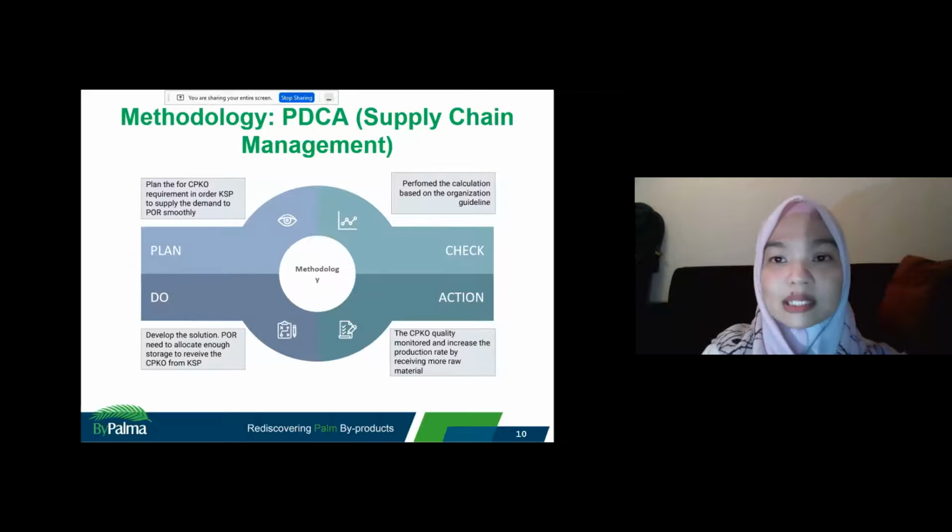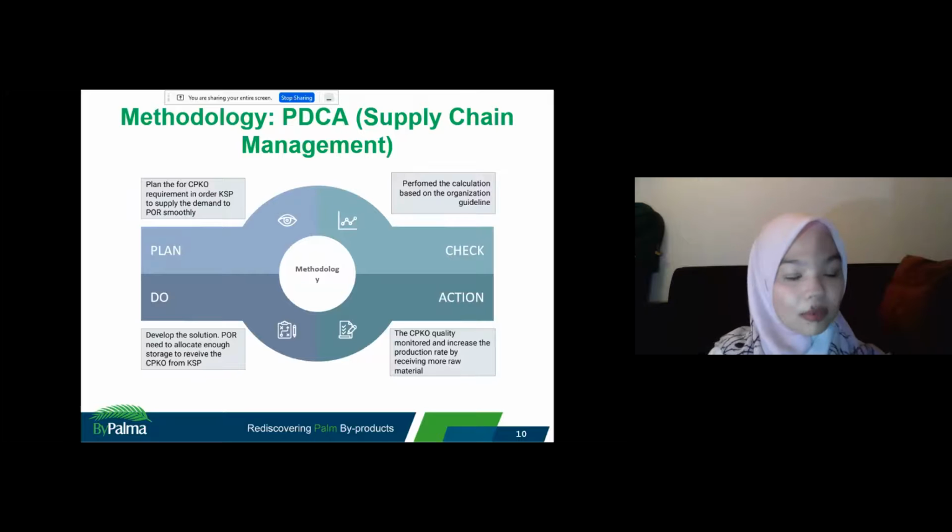Regarding the supply chain management method for CPKO, we take the demand from the sources and transfer to this oleochemical plant smoothly, and develop the solution, which needs to provide the correct storage, and dedicated storage also, because we don't want any contamination in that particular tank.